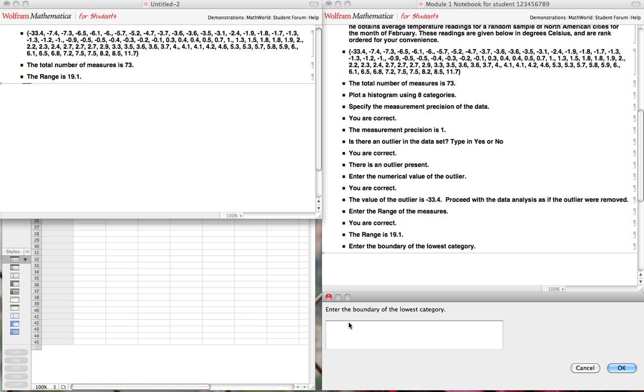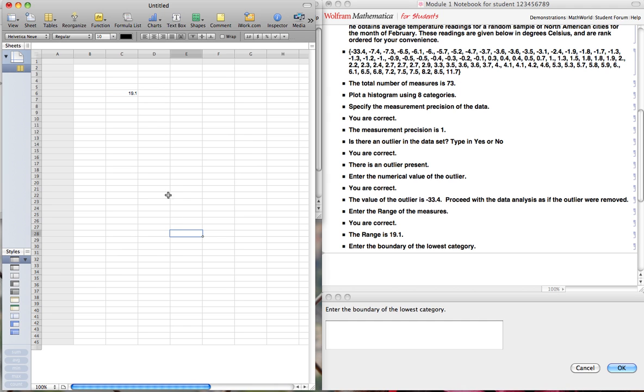Enter the boundary of the lowest category. The boundary of the lowest category is the smallest measure that's not an outlier minus half the measurement precision. So the smallest number that's not an outlier is minus 7.4. You take that number and subtract half the measurement precision from it.